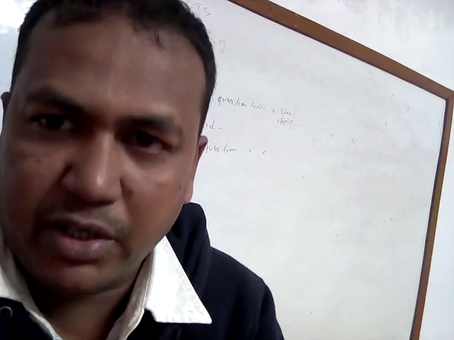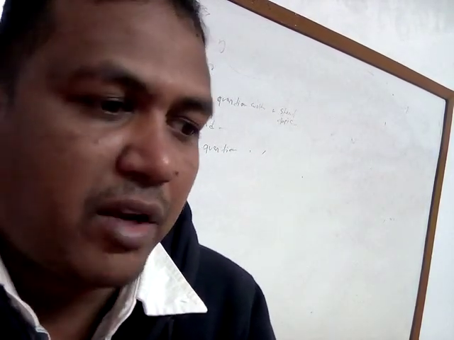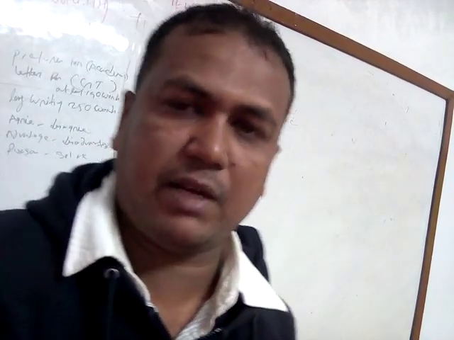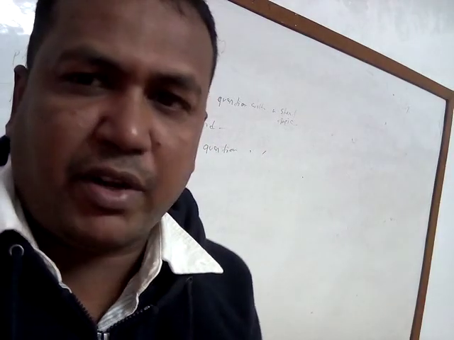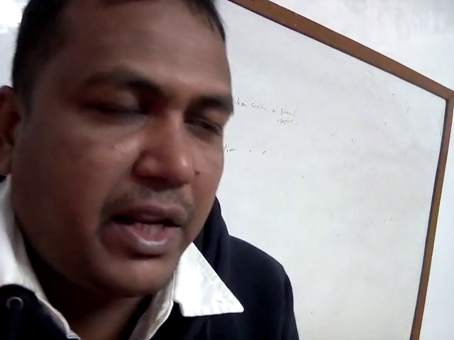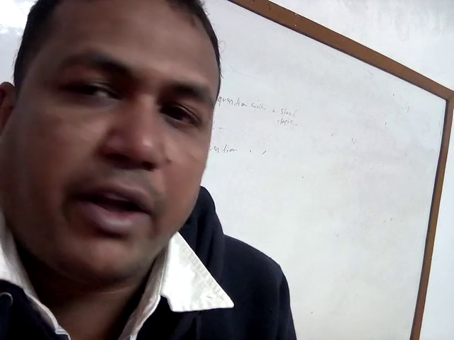There are three categories of task 2: agree or disagree, advantage and disadvantage, and reason. For example, if the question requires something controversial, there are two sides, agree and disagree. Somewhere you are asked to write your point of view.